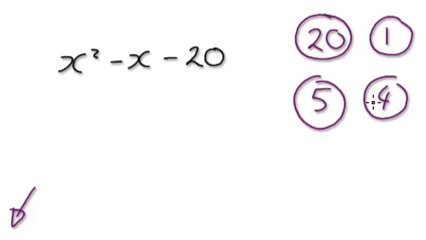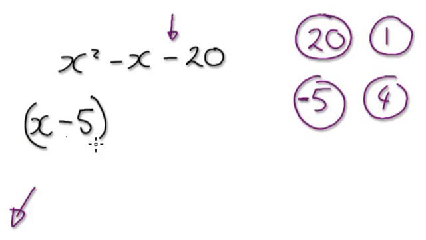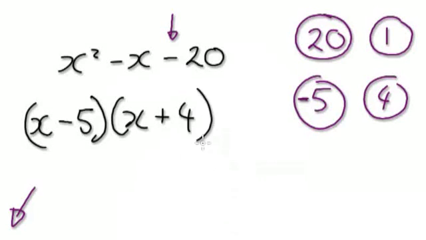But remember, one of these two will be negative because it's a minus 20. Now it's trying to create a negative 1 from 5 and a 4. So to create a negative 1, I'm going to stick a minus 5 in there. So the answer would be x minus 5 and then x plus 4. So this is your answer here.